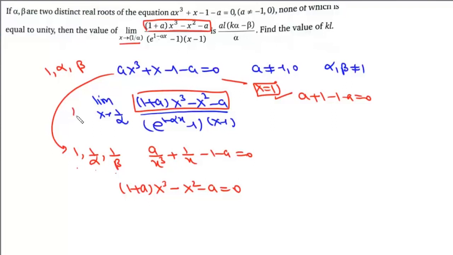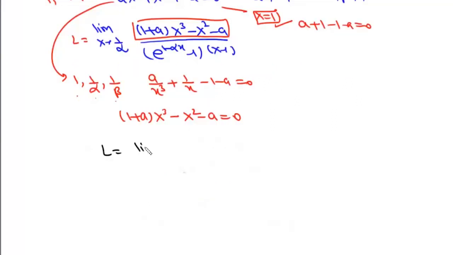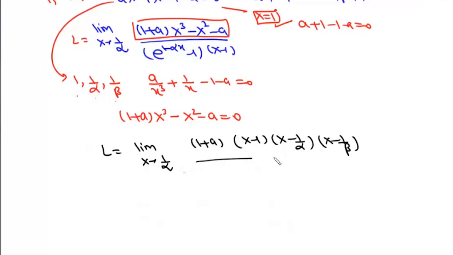So we can write this limit L as limit x tends to 1 by alpha, and if we factorize it, we can write this as 1 plus a into x minus 1, x minus 1 upon alpha, x minus 1 upon beta, upon e to the power 1 minus alpha x minus 1 into x minus 1. Now this x minus 1 will cancel.